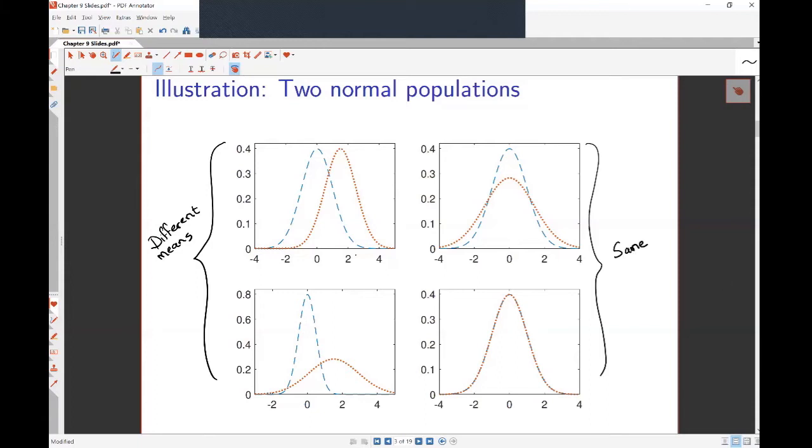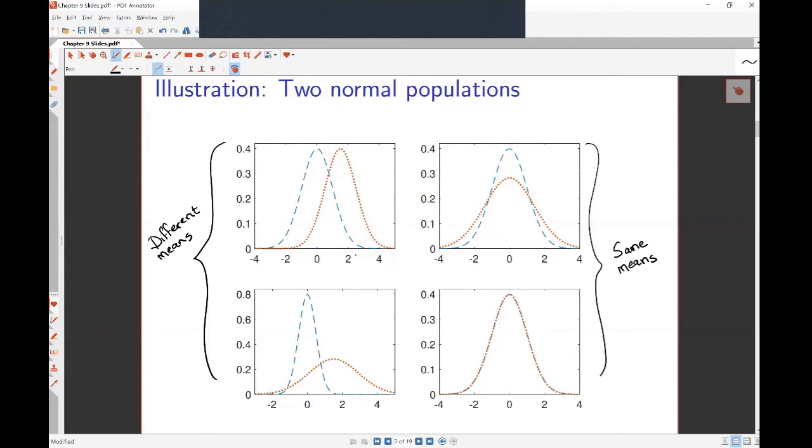So the two figures on the left represent normal populations with different means, and the two figures on the right represent normal populations with a common mean. And of course, the variances do different things throughout.